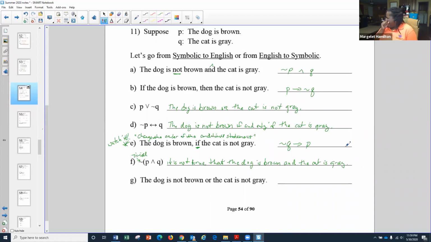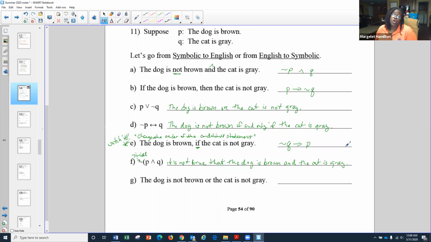So they simply want you to write what they have currently. So when you see that negation on the outside, you'll write, it is not true that, and then start writing what's in the parentheses. Okay, the dog is not brown or the cat is not gray.